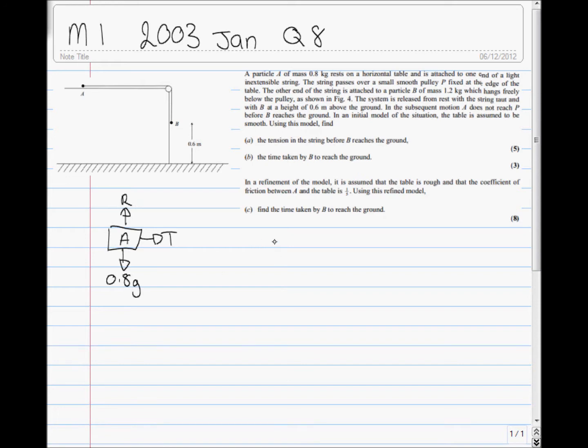And particle B, we have the same tension acting up. We have 1.2 g acting down, and of course both of these particles are accelerating at the same rate, because it says that it is released from rest, which means that it is moving.